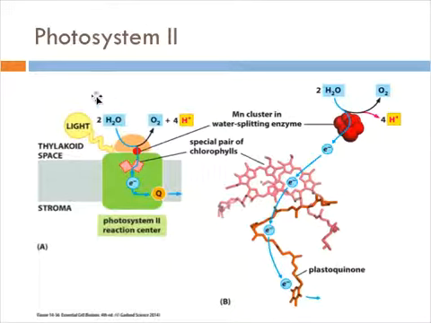So it takes 2 water molecules and you remove 4 different electrons, and eventually we end up with oxygen. This right here is the oxygen that we breathe. So the oxygen that we breathe is synthesized so that we can replace the electrons in photosystem 2.